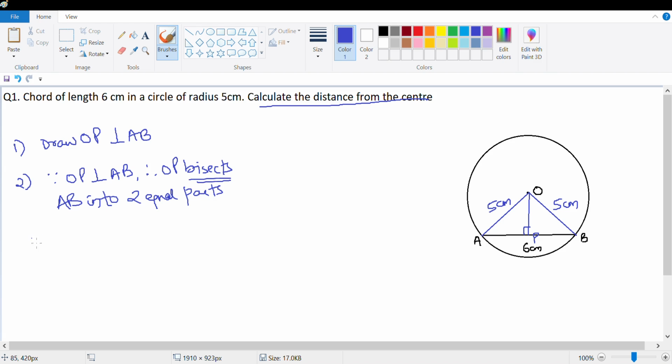Bisect obviously means that, which means AP is equal to BP is equal to AB upon 2, which means 6 centimeter upon 2, which is equal to 3 centimeter.